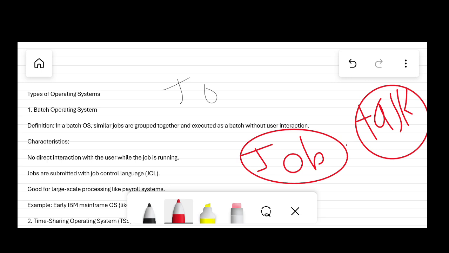There is no interaction with the user while the job is running.